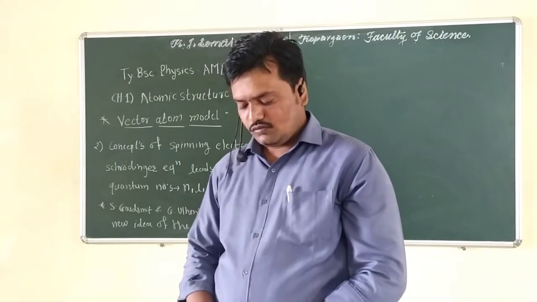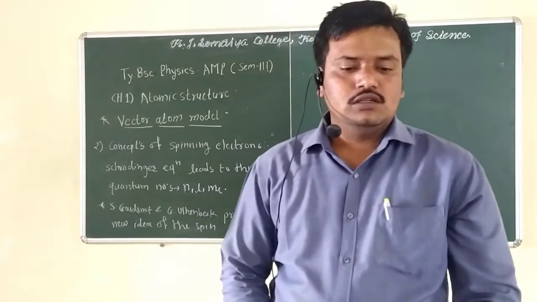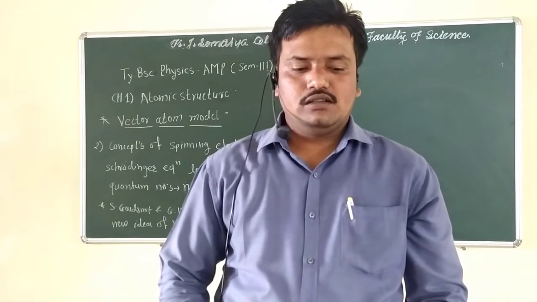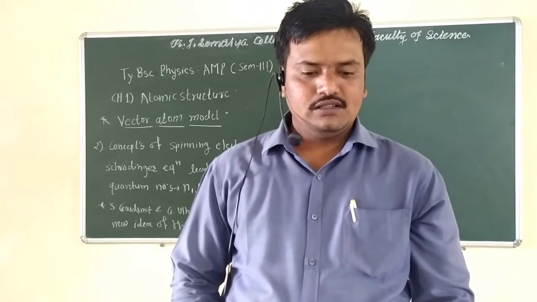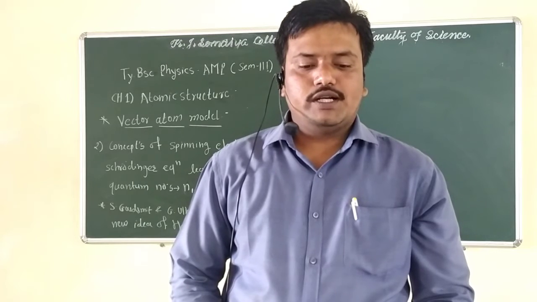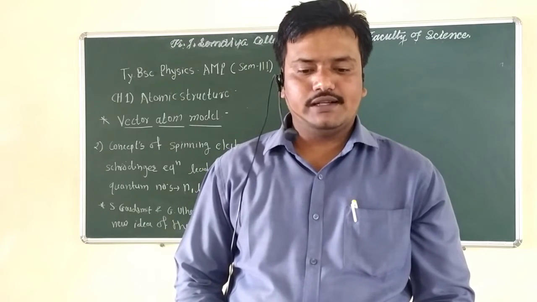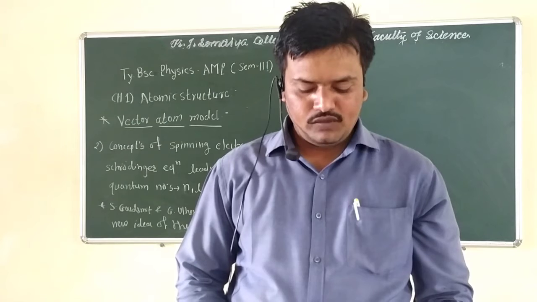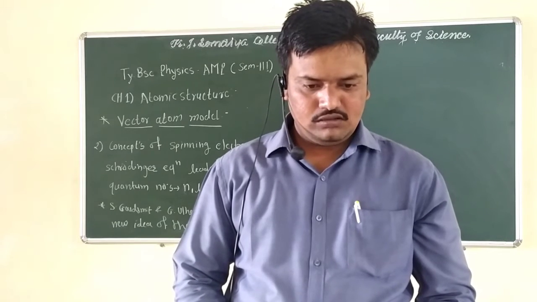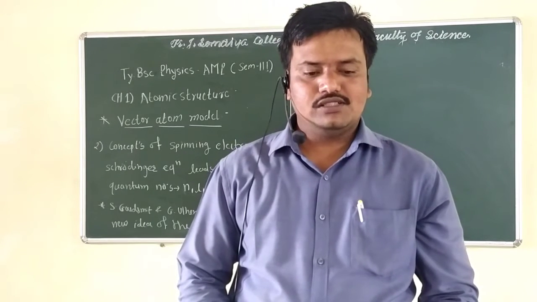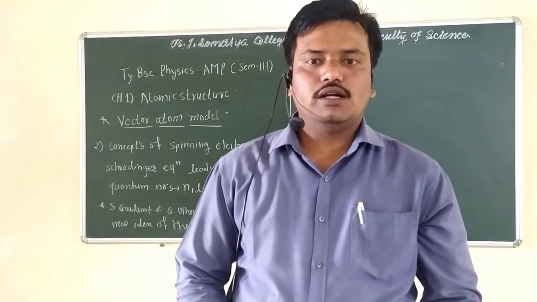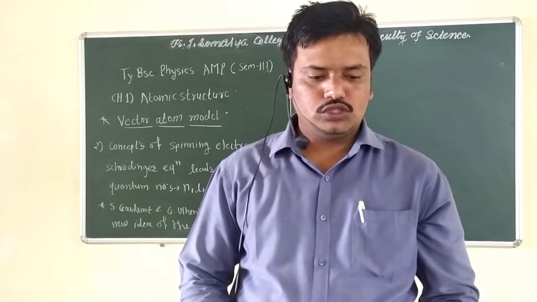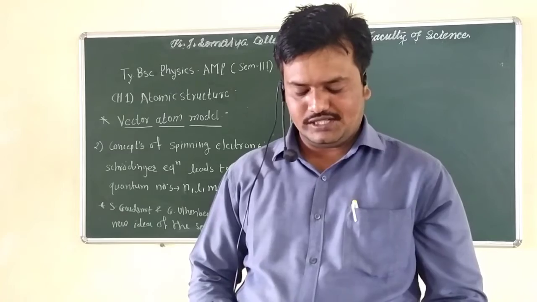According to the old theory, only orbital motion, hence orbital angular momentum and orbital magnetic moment, was considered, but the electron also has spinning motion about an axis passing through its center.